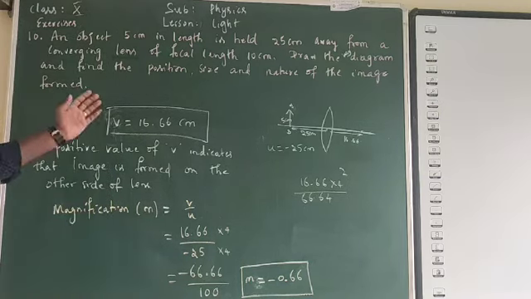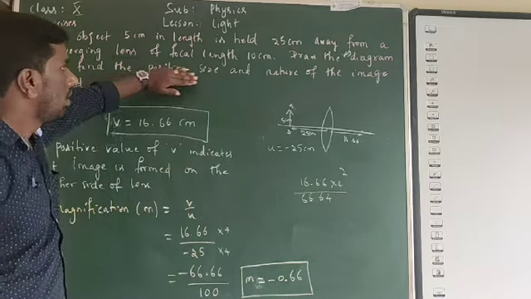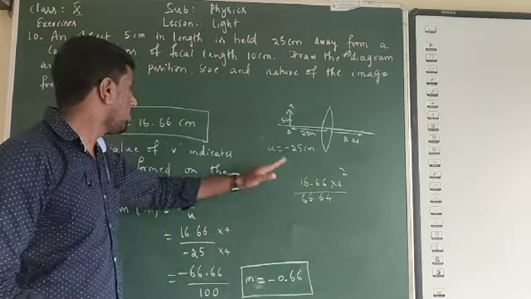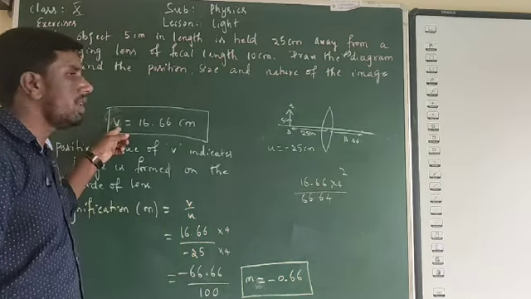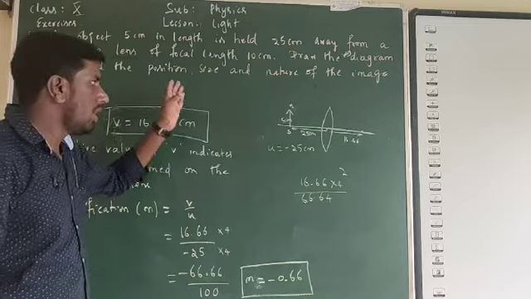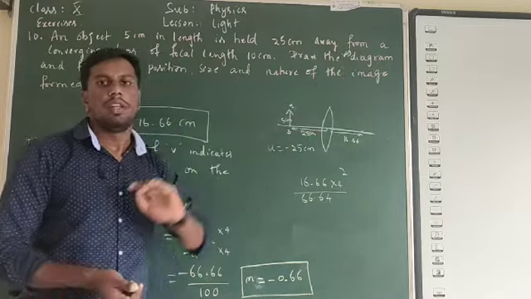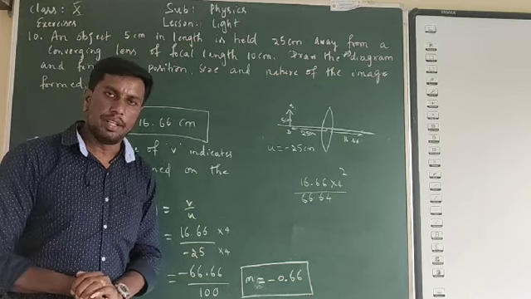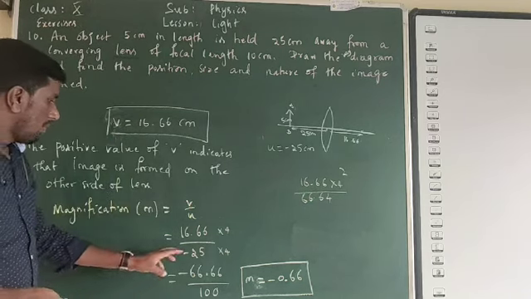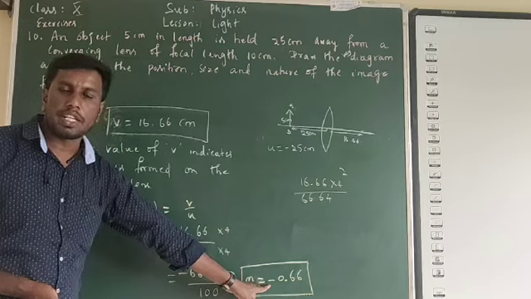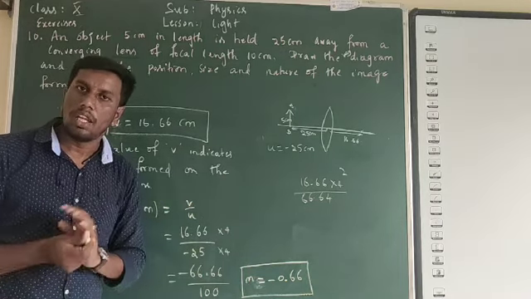So what is defined now? Position we have defined, nature we have defined. Position we have defined from the V. Where is the position? It is not behind the mirror, but on the other side of the lens. Then from the magnification, the negative sign indicates that it is a real image.